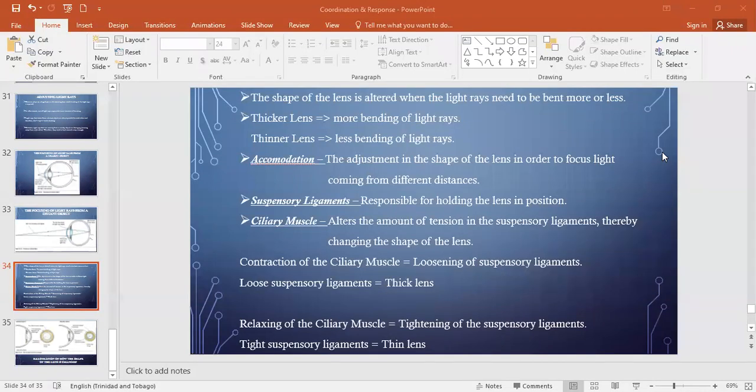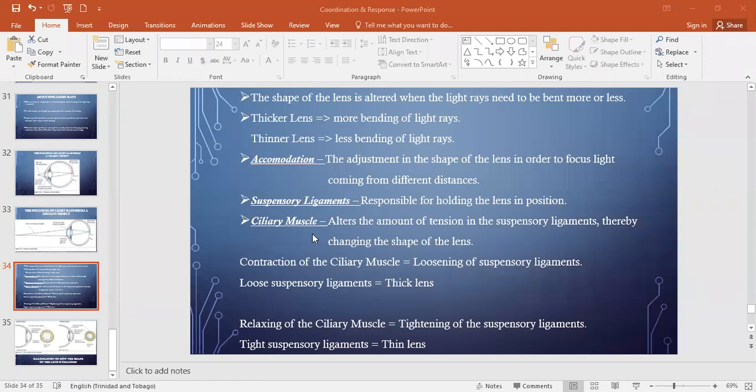Imagine that, right? Now we found out about circular muscles and radial muscles, but now we are learning about ciliary muscles. The ciliary muscles alter the amount of tension in the suspensory ligaments, which changes the shape of the lens.